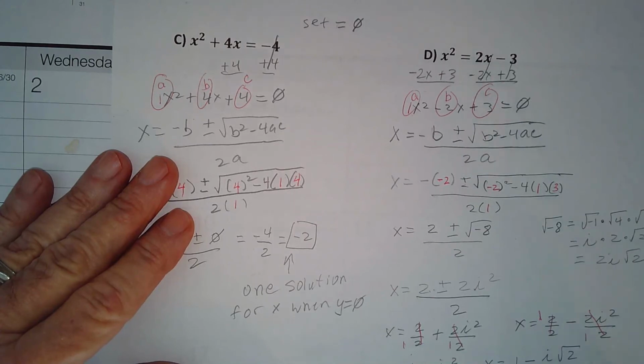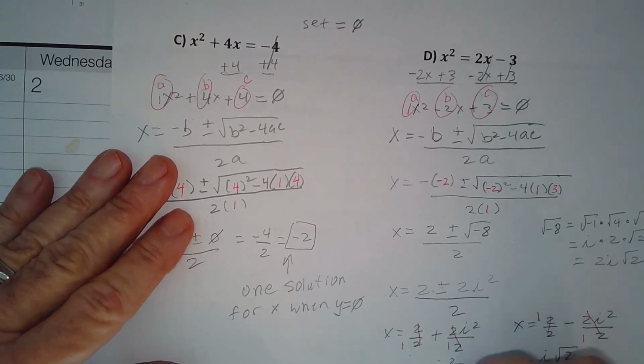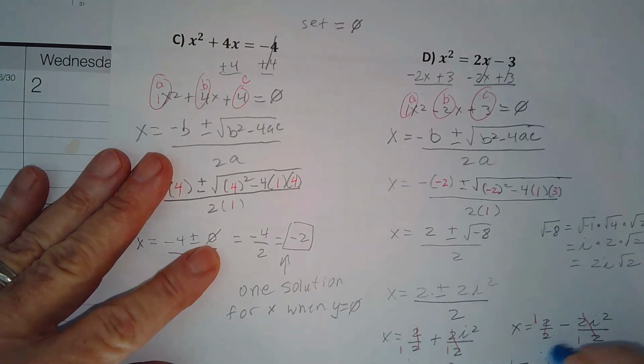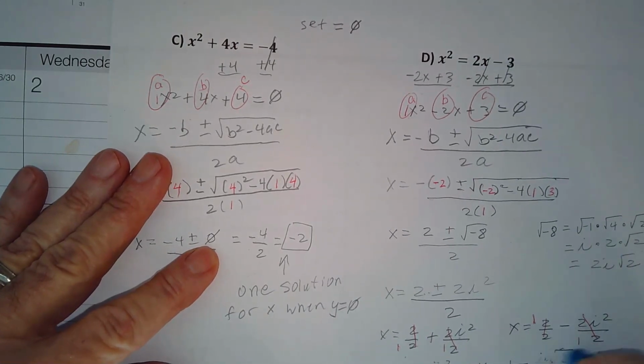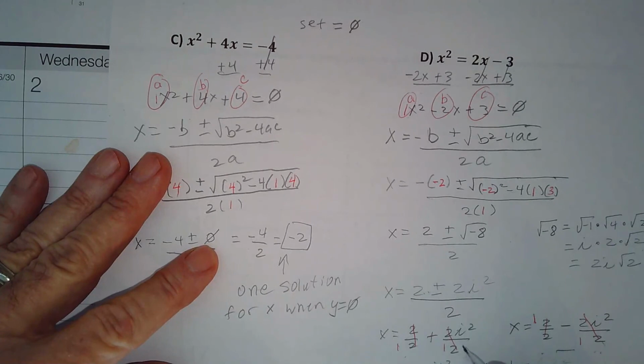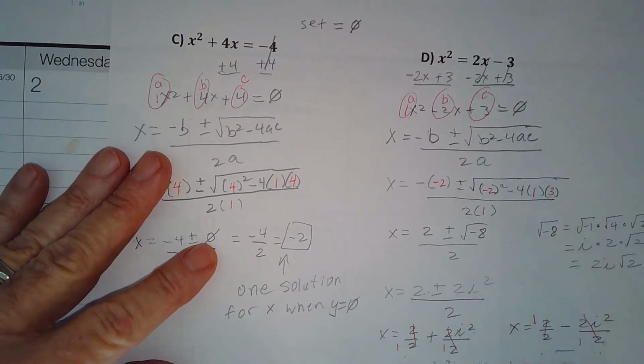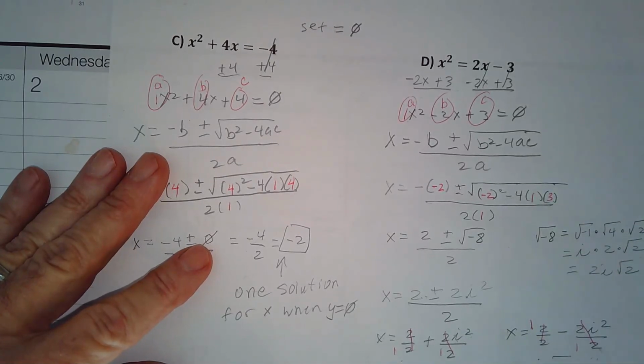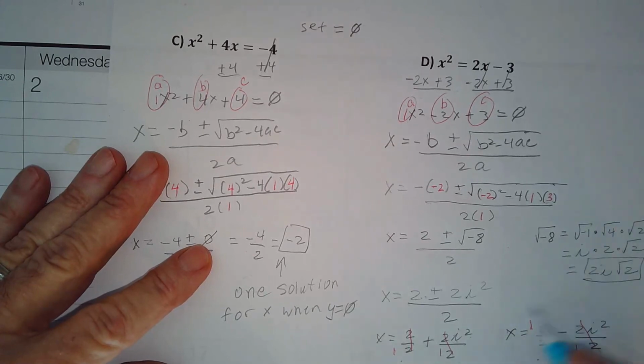I'm sorry, let me restate that. This is where I get my mind ahead of what I'm doing. It's 2i square root of 2, not 2i squared.